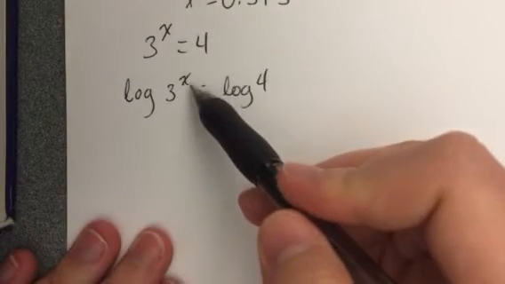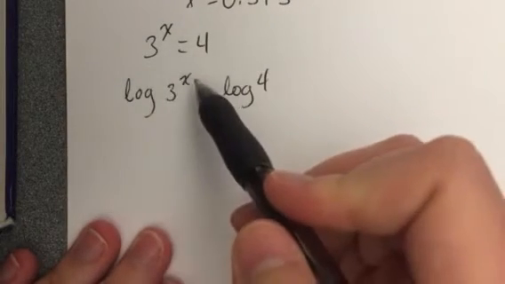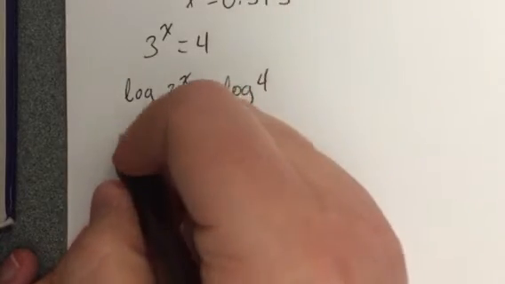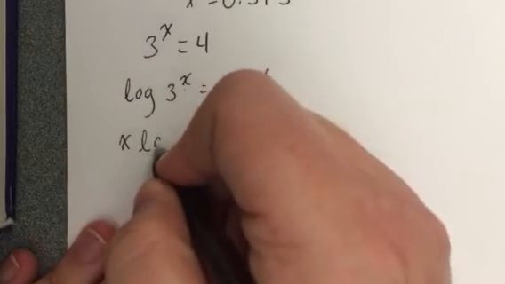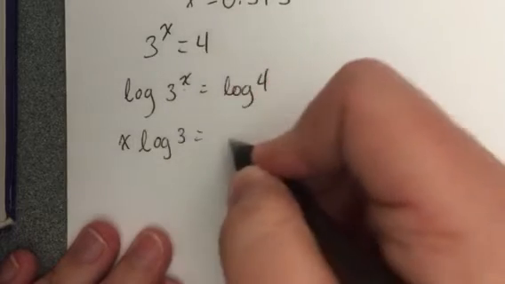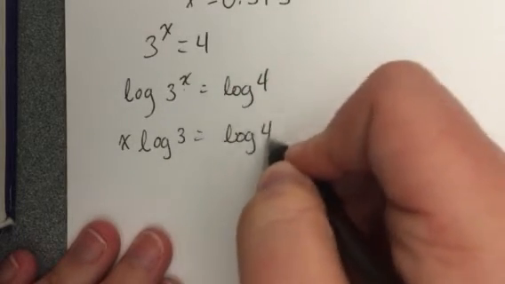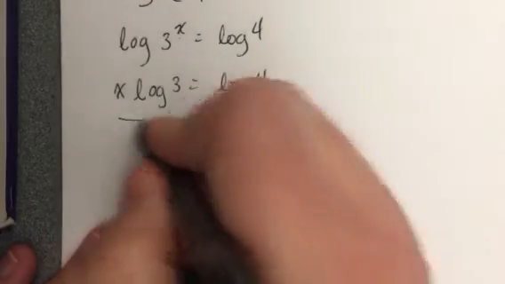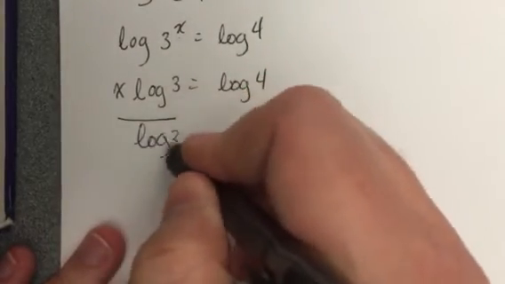Then using our properties of logarithms, when we have an exponent, we need to bring that down in front. So x times the log of 3 equals the log of 4. Now we're trying to get our x by itself, so we're going to divide by the log of 3.